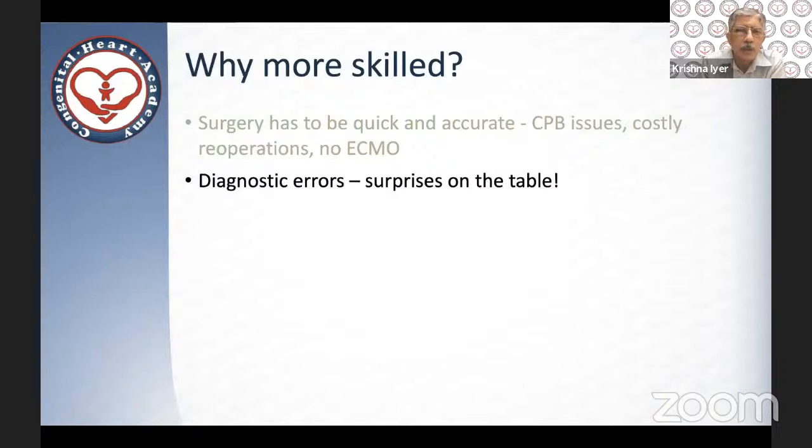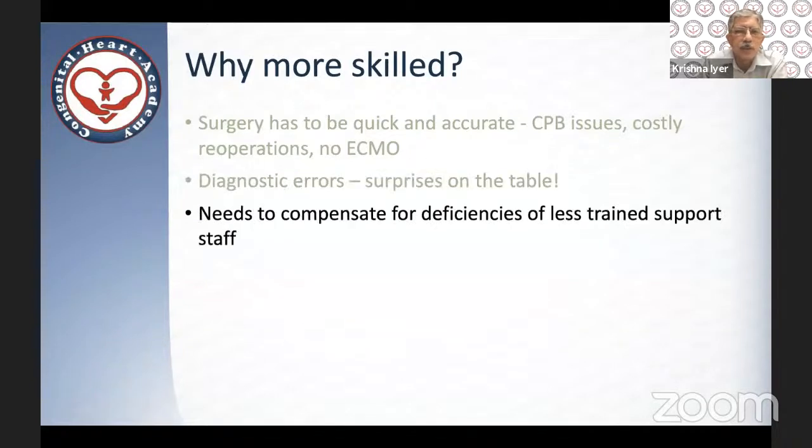They frequently encounter diagnostic errors, and especially if you rely, as we mentioned in the previous talk, on echo reports from adult cardiologists, then you may get surprises on the table, and the surgeon has to be quick on his feet to change his course of action and to be able to deal with that surprise. The surgeon needs to compensate for the deficiencies of less trained support staff, which may be an anesthetist who is not proficient, a perfusionist who is not adequately trained in pediatric perfusion.